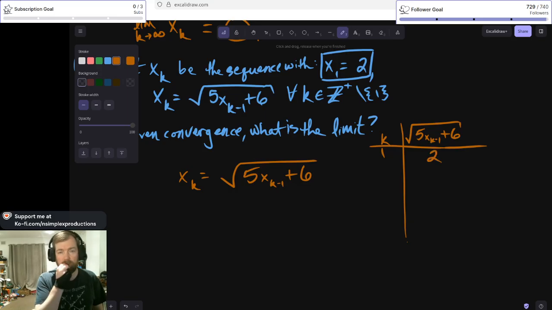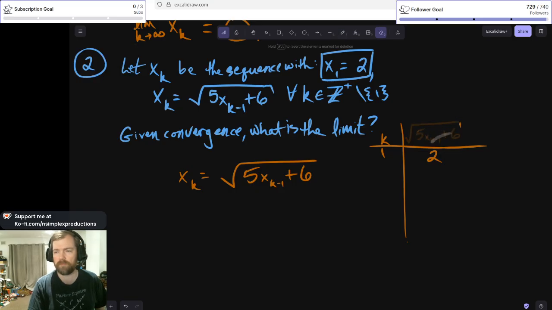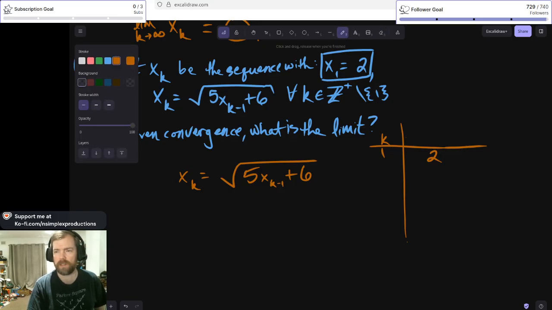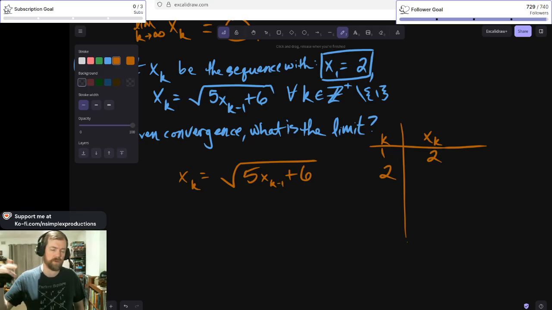Okay, so we are given... Actually, that's right. Not that. It's x sub k. So 1 matches with 2. We're going to take that 2 and plug it in. So that now becomes the square root of 5 times 2 is 10, plus 6 is 16, which gets us 4.